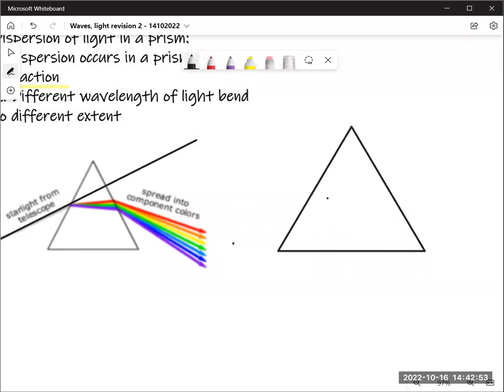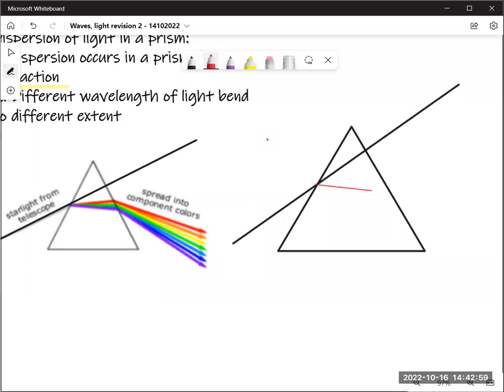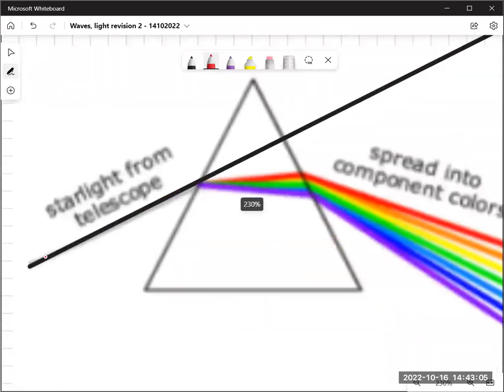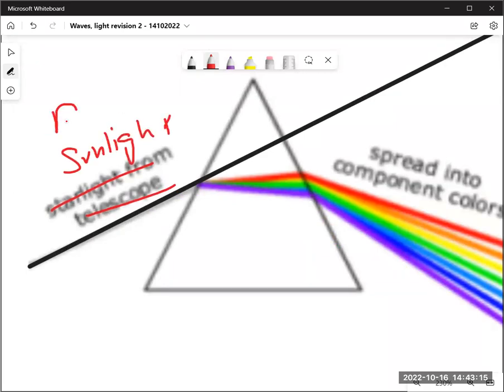Perfect. Now this is your original light going something like this. The first one is going to be red. Question: why is it starlight from a telescope? Well, because light is coming from a very far distance. It could be anything. It doesn't have to be a star. It could be sunlight, a normal light ray, a bulb, an LED, anything.